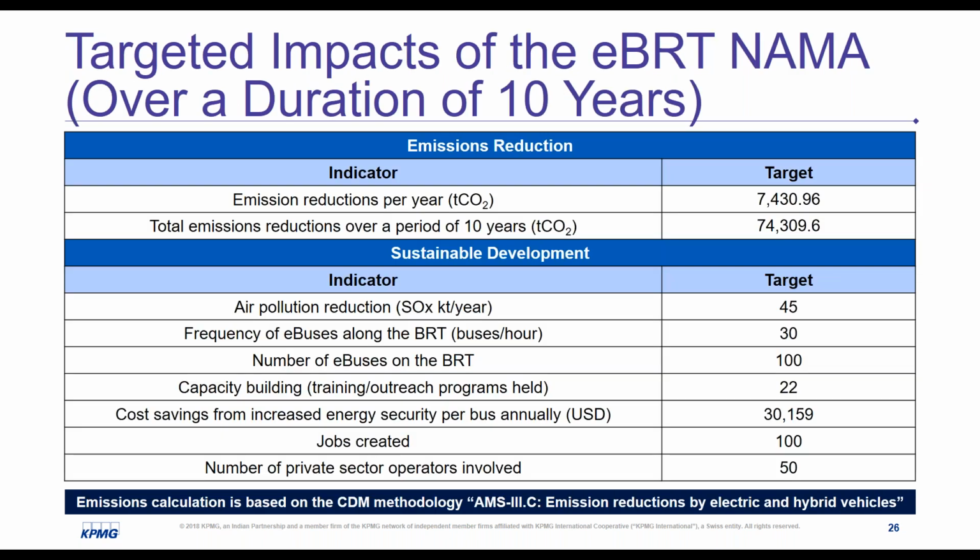Yes. So what were these targeted impacts? If you look at the emission reductions per year, these were around 7,500, and these appear small because, as I've been telling you, the assumptions were pretty conservative.